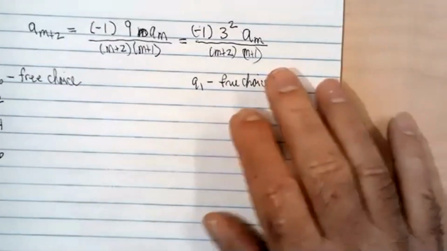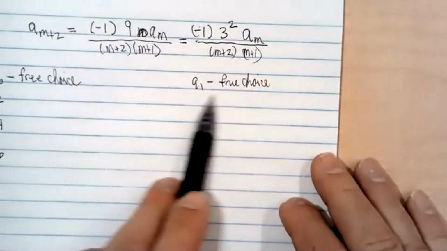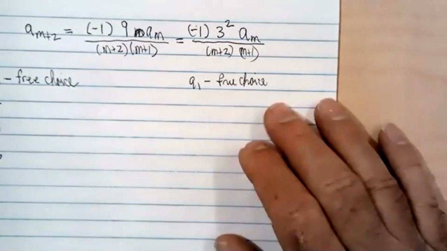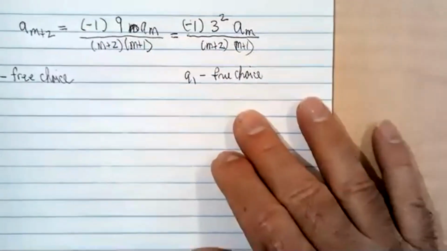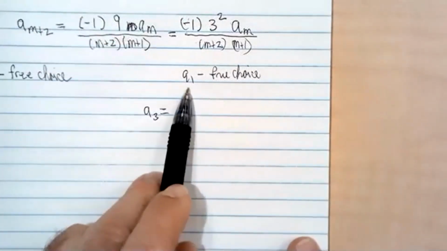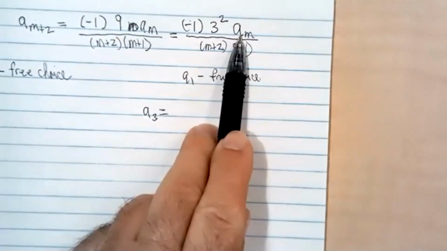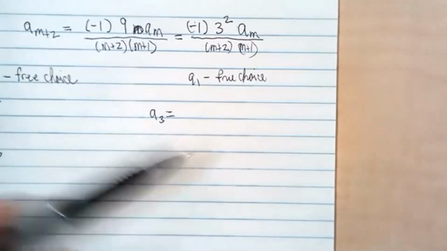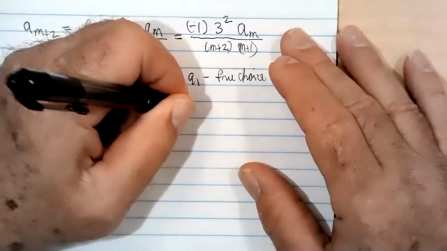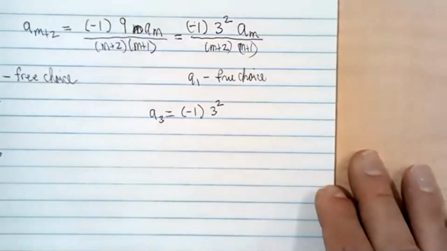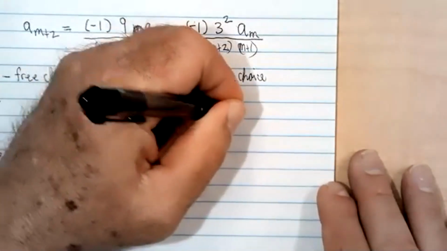So let me grind through a couple of these terms over here, the A1s, and I'll show you in general how to handle that. If A1 is a free choice, then once I pick A1, that's going to force A3. So it's going to pick up a minus sign. I'm going to pick up 2 factors of 3, and I'm going to have A1 here.